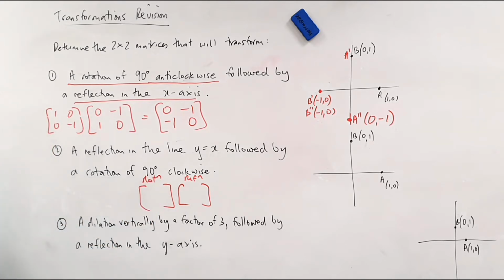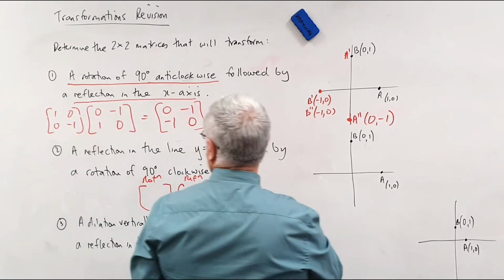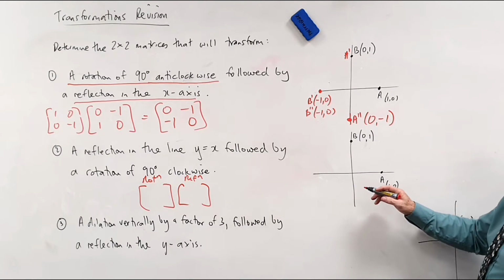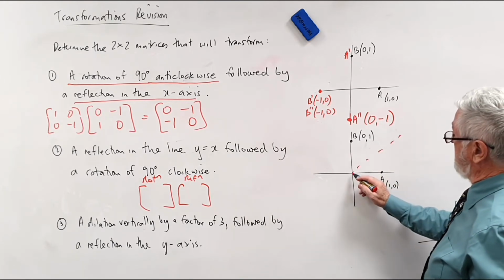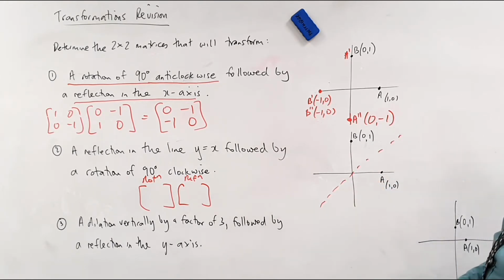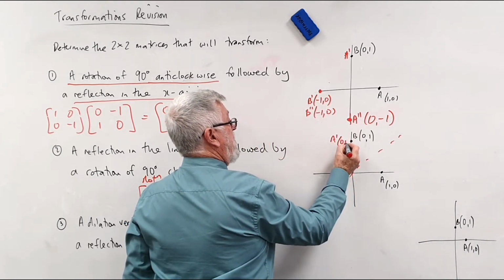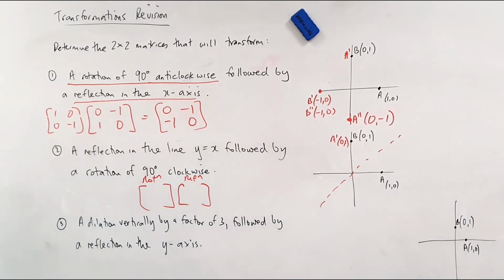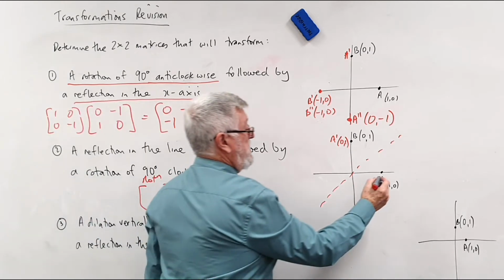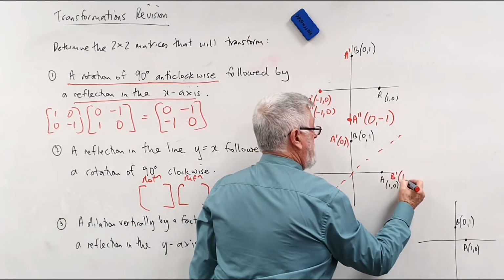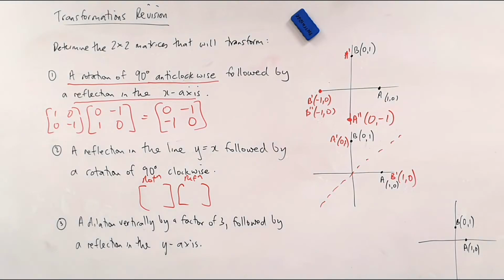So what can we do instead of all that? Start with the diagram again. Joe, can you tell me where to go? Reflection in the line y equals x. So A goes to B, so A dash will be 0, 1. B goes to A, so that's B dash, which is 1, 0. Followed by a rotation of 90 degrees, which direction? Clockwise.